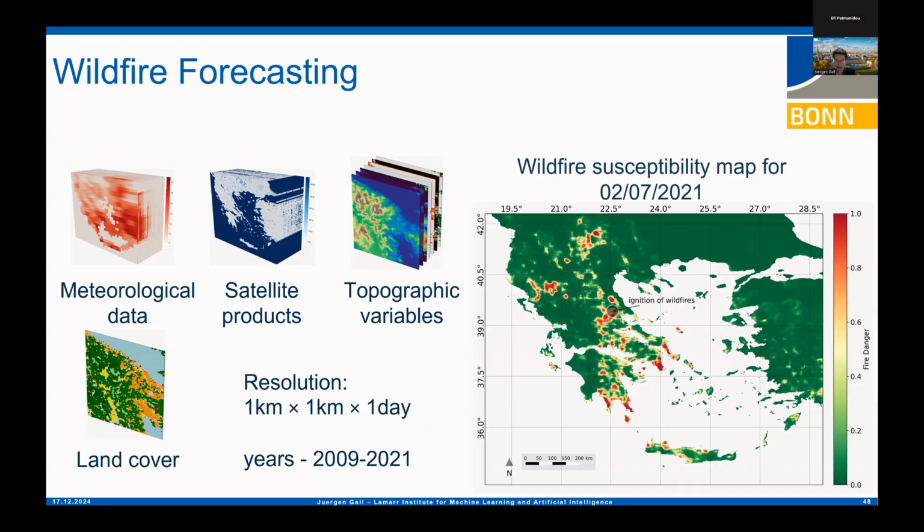As input, we have satellite data, meteorological data, some information about the environment like altitude, and also land cover, like rivers, lakes, buildings, forest, and so on. The task is to predict for the next day the probability that a major wildfire will start.